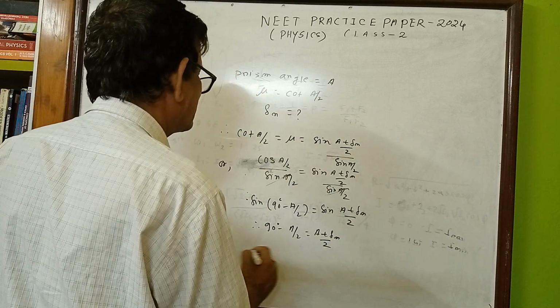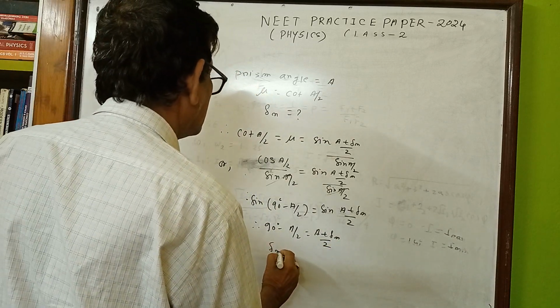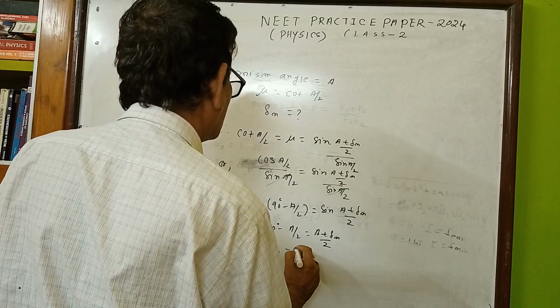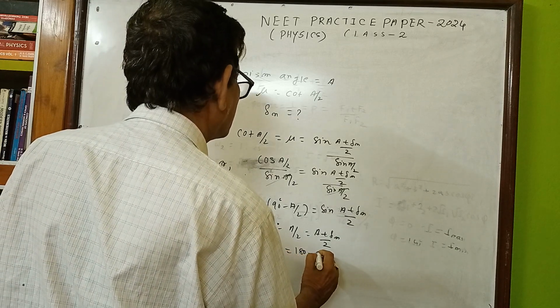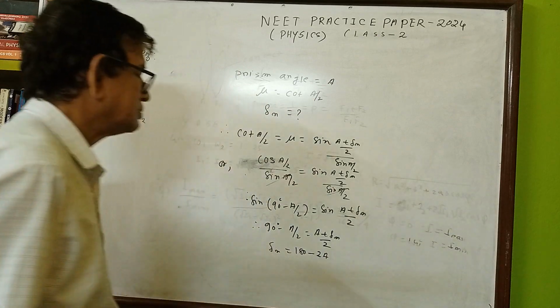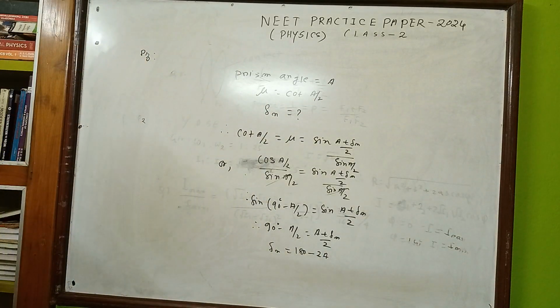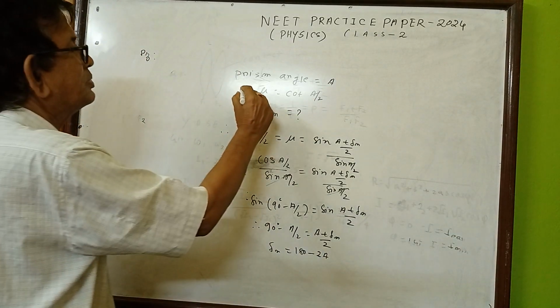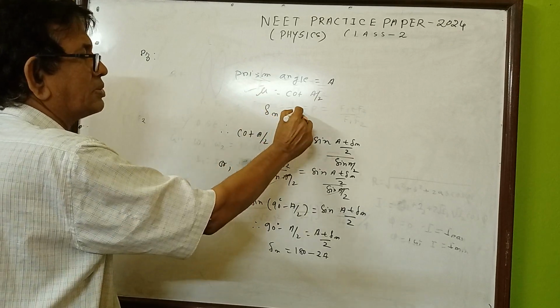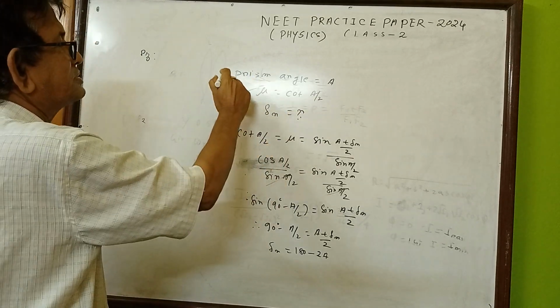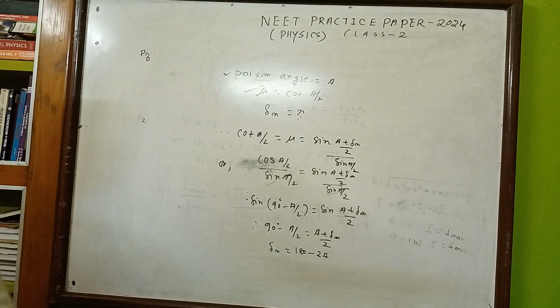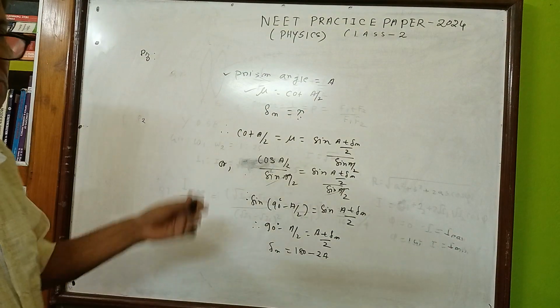From that you can easily calculate delta m equals 2 mu multiplied, then 180 minus 2A. For a prism, mu is given and the prism angle is given, so you have to calculate delta m. This is the given data, and you are solving this problem.